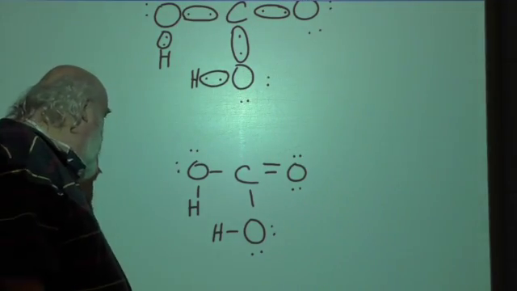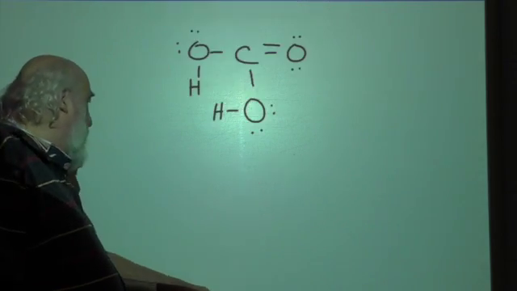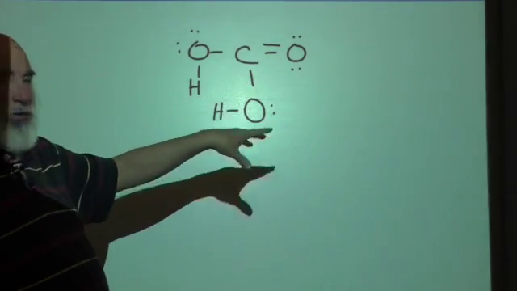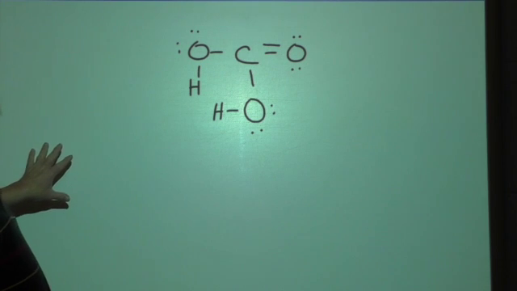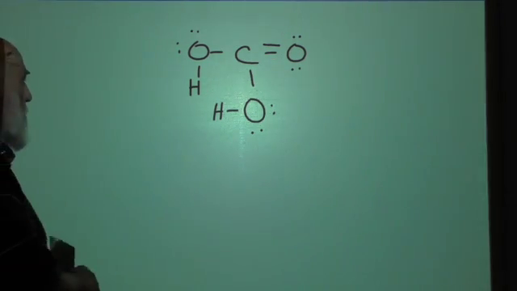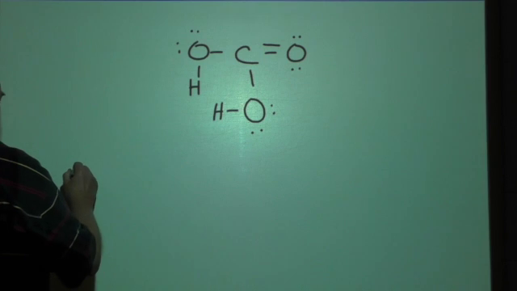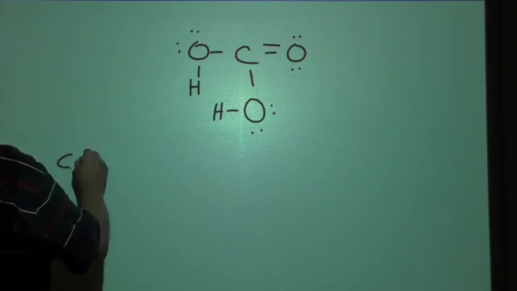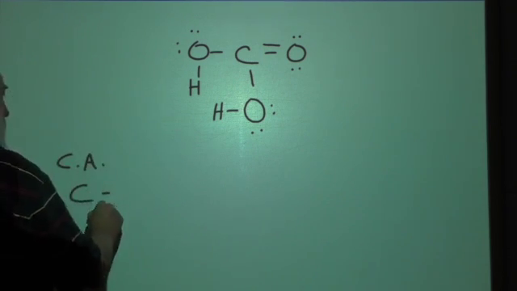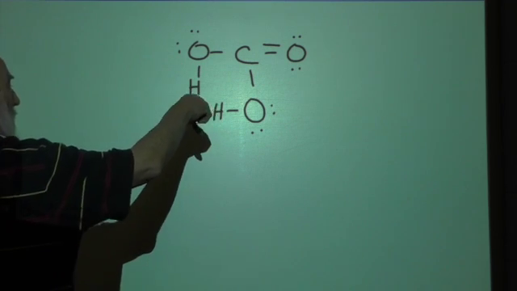Now what we're going to do is identify the central atom. And instead of putting asterisks on this, we're going to identify them below the structure. So we know that carbon is the central atom. So I'll put Ca for central atoms. Carbon. And we got 2 oxygens.